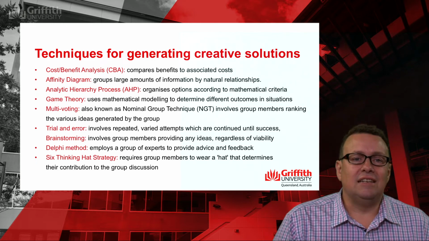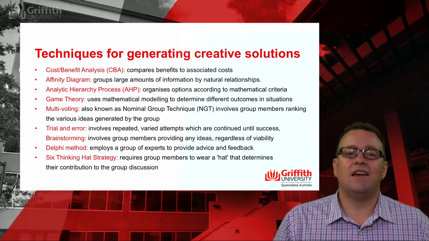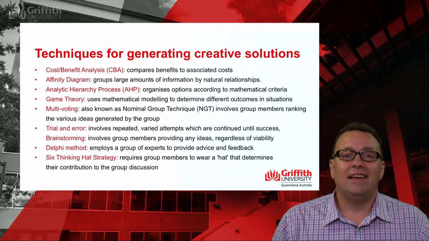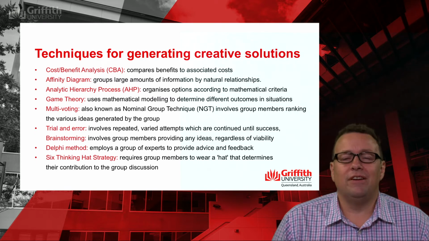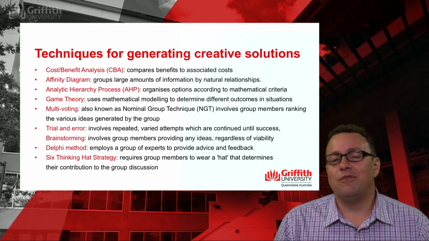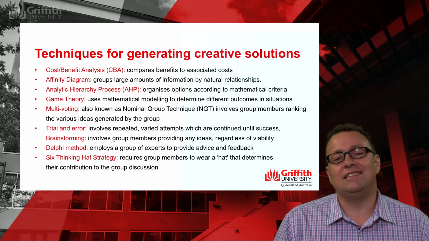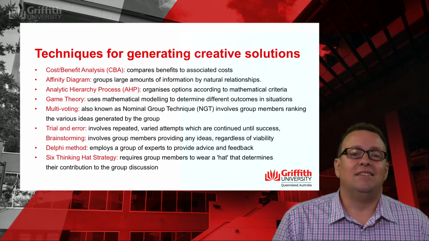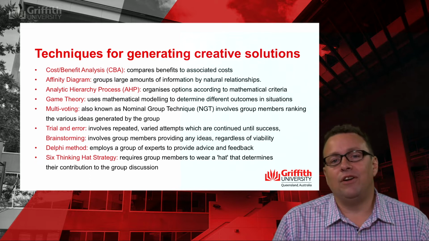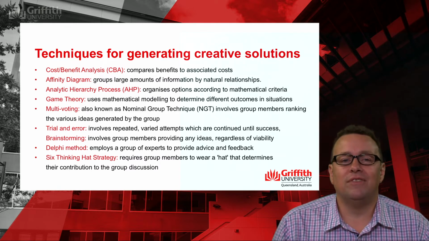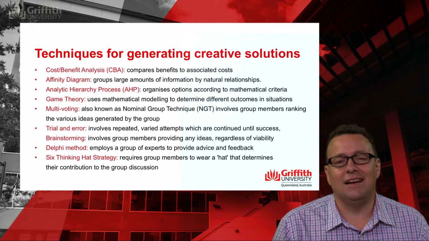So these techniques include cost-benefit analysis, affinity diagrams, the analytic hierarchy process, game theory, nominal group theory, and of course, trial and error, just to name a few. However, three of the more commonly used techniques to generate ideas for potential solutions are brainstorming, the Delphi method, and de Bono's good old 6 thinking hat strategy. So let's take a look at these three in a little bit more detail.